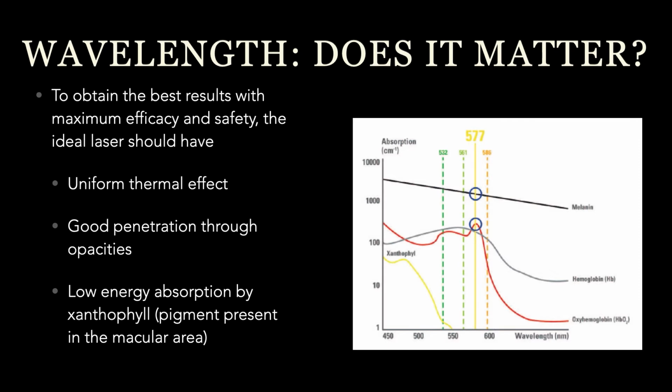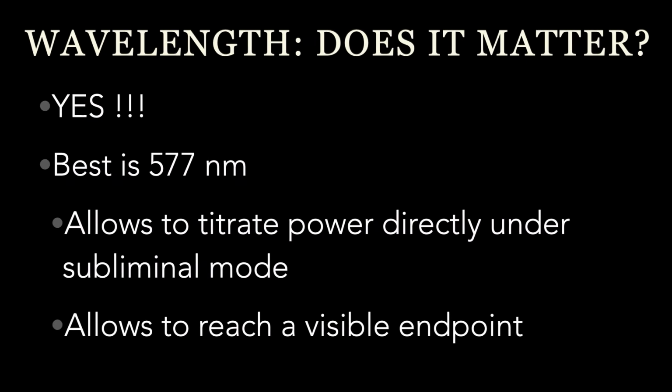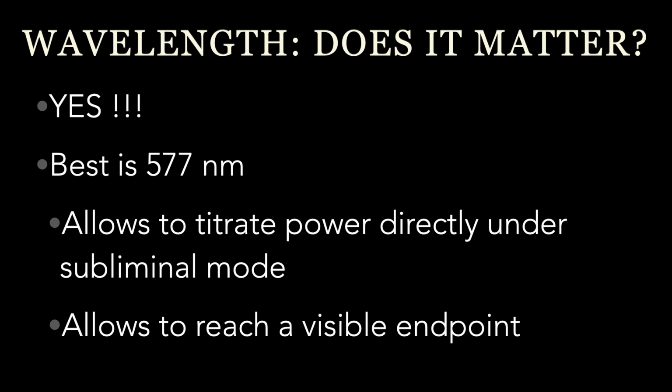You can see here that the 577 laser wavelength is actually the best because it has high absorption in melanin and also in oxyhemoglobin and hemoglobin, and it avoids xanthophyll absorption in the macular area. So yes, wavelength is important, and the best is 577 because it also allows us to titrate the power directly under micropulse or subliminal mode, allowing us to reach a visible endpoint.